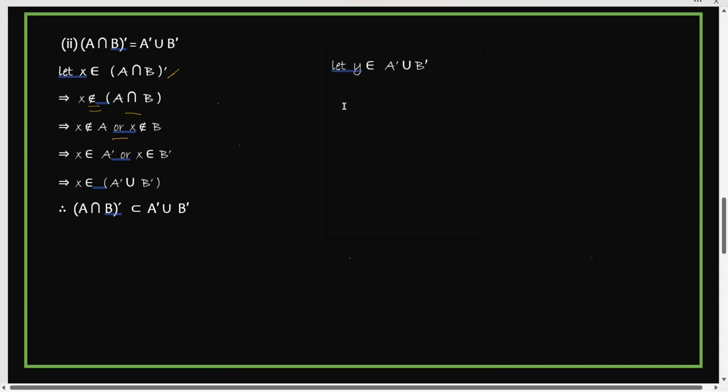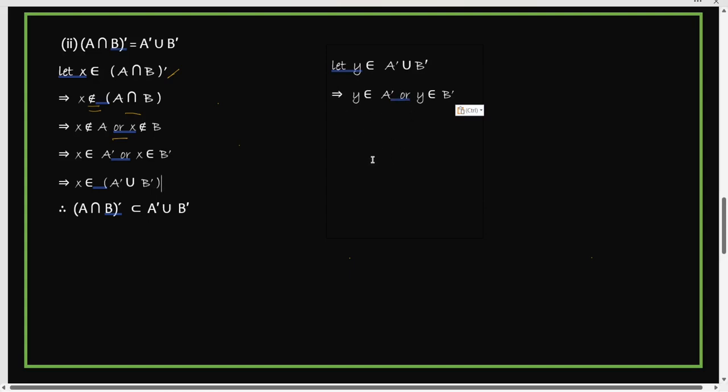Let an arbitrary element y belong to A complement union B complement. This implies y belongs to A complement or y belongs to B complement. Here the complement is there, so the next step is to remove that complement.